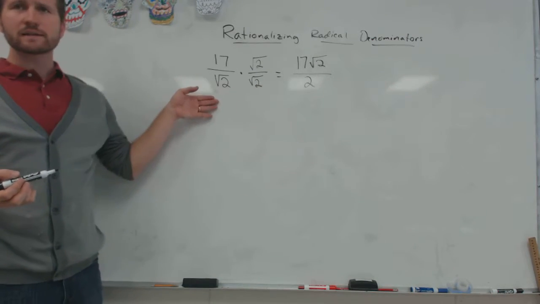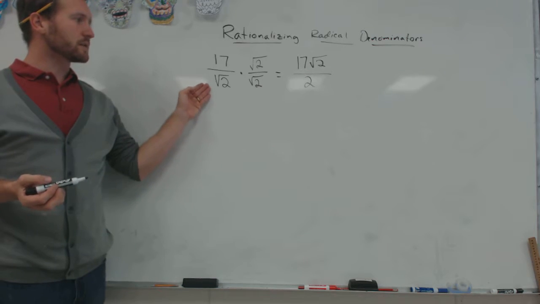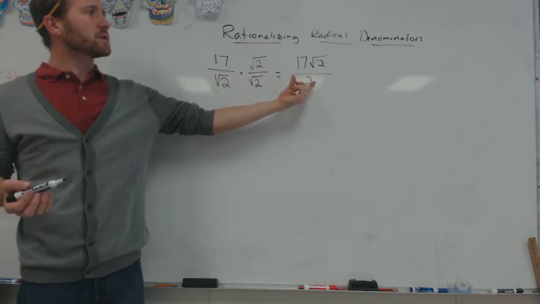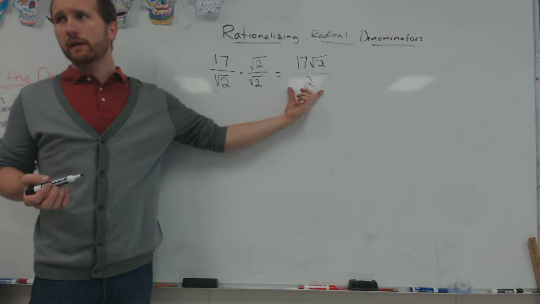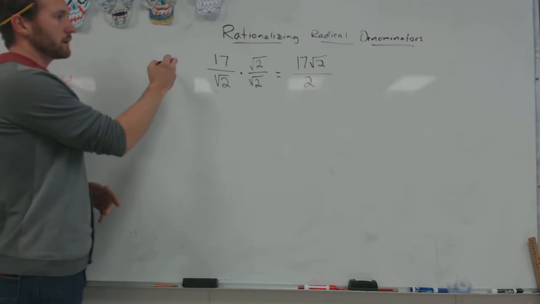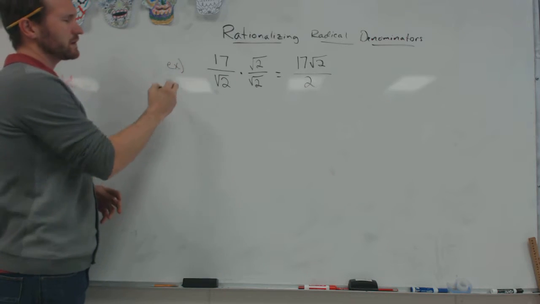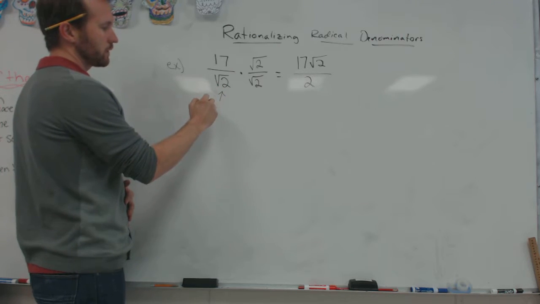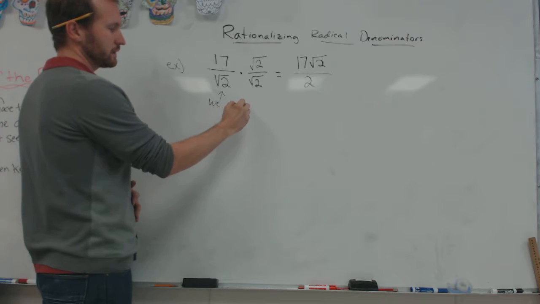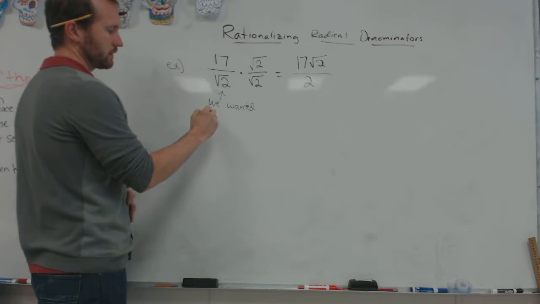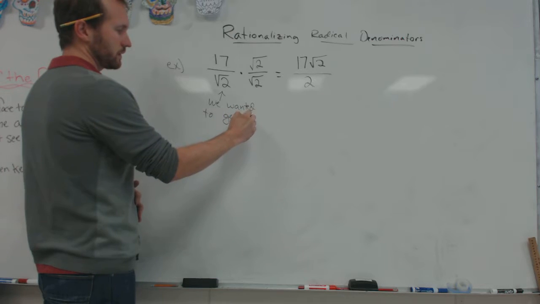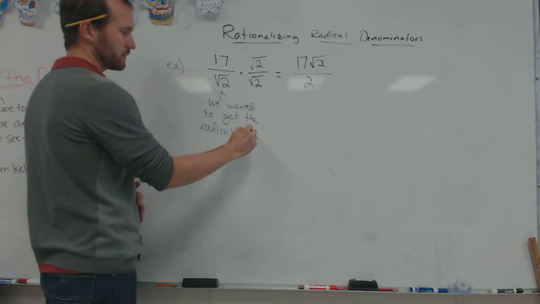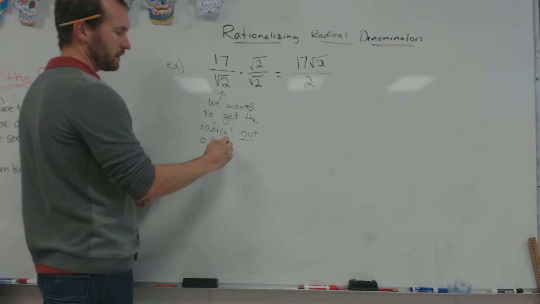This is the simplest type of example, when we just have one square root down here, and when we finish, there's nothing else we can do. But sometimes there will be something else you can do. So this is our first example, right? I'm just going to quickly label some things. We wanted to get the radical out of the denominator.